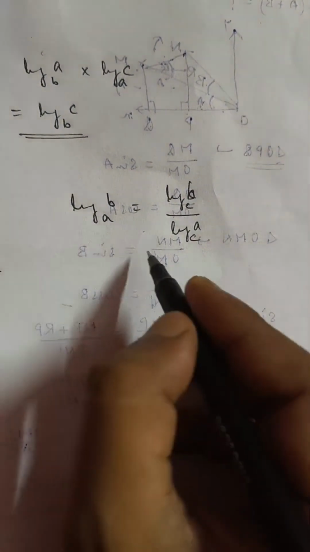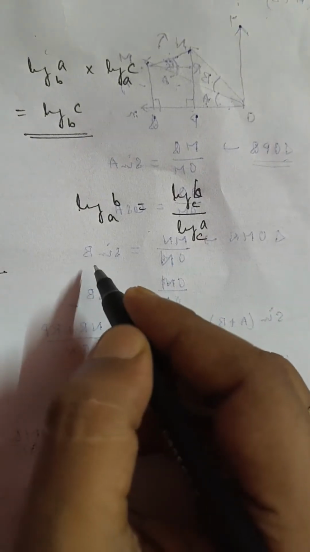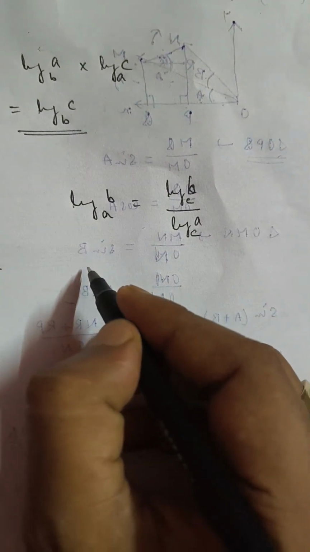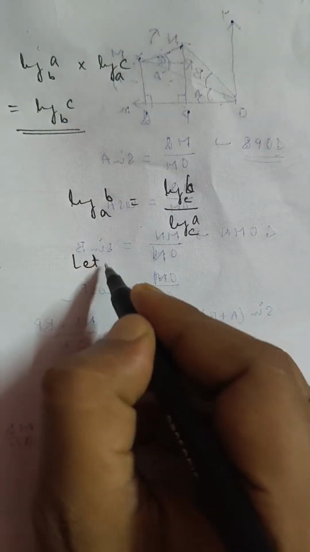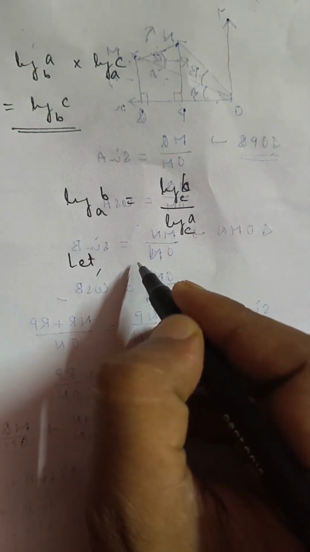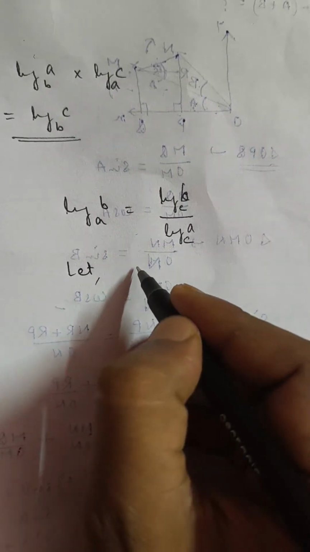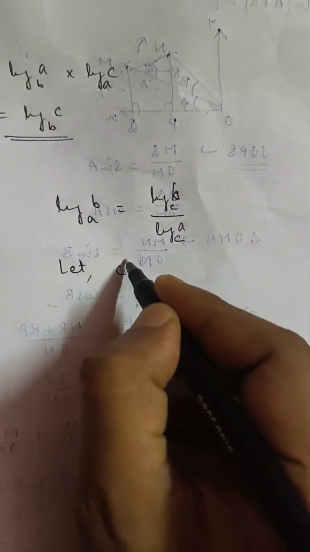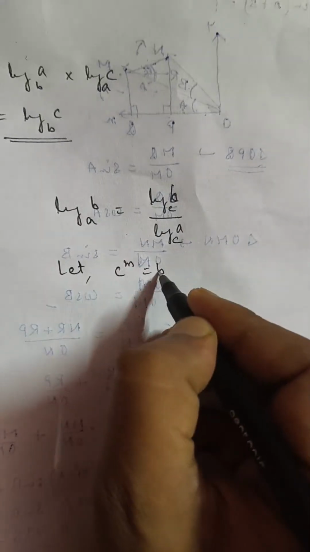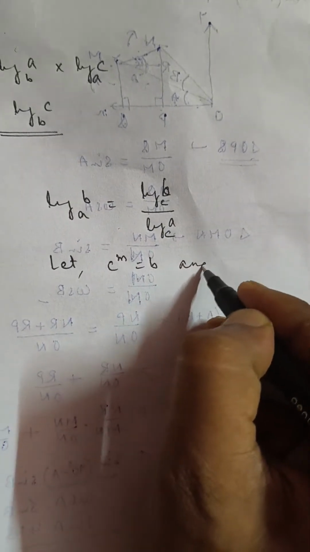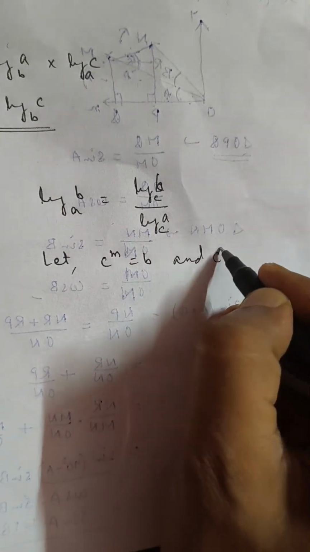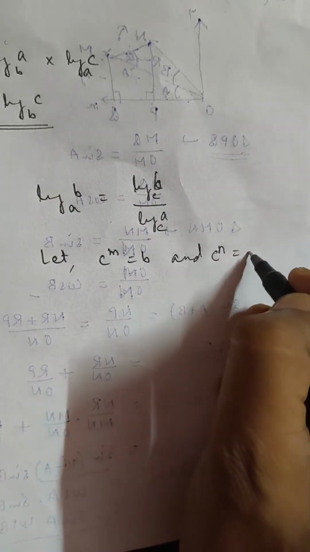How can we prove this? We will take, let c to the power m is equal to b and c to the power n is equal to a.